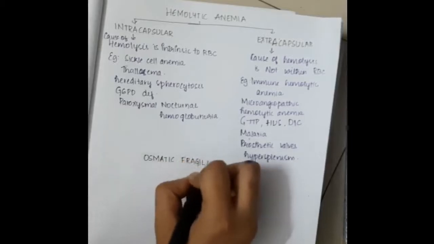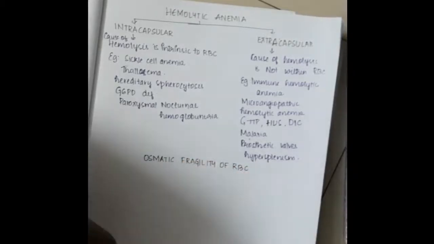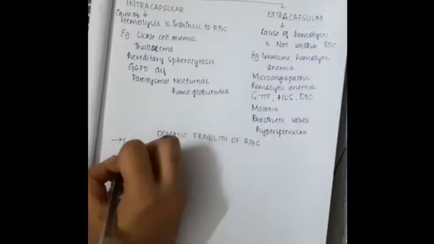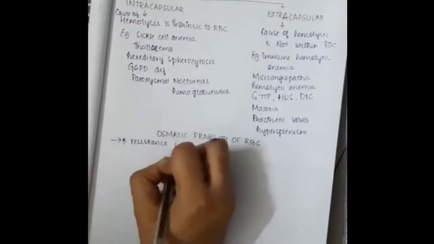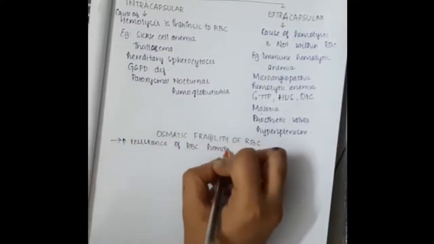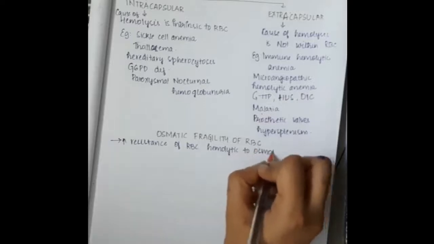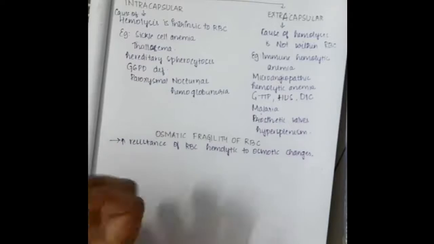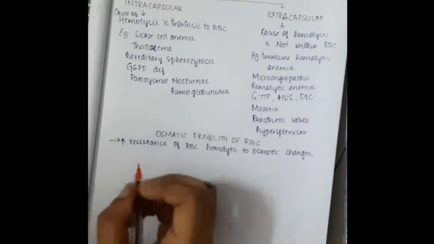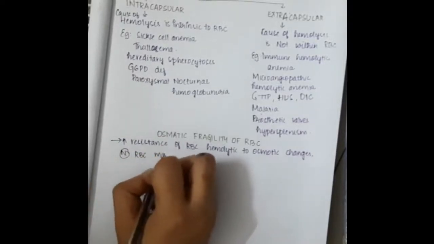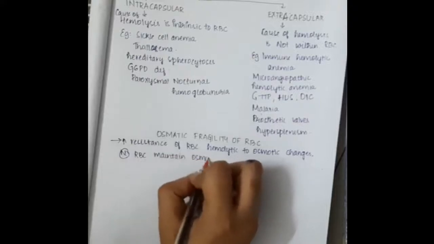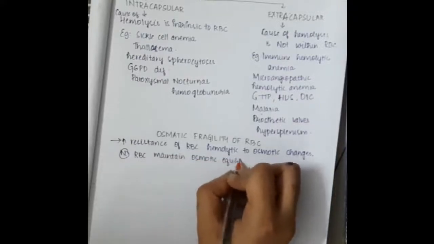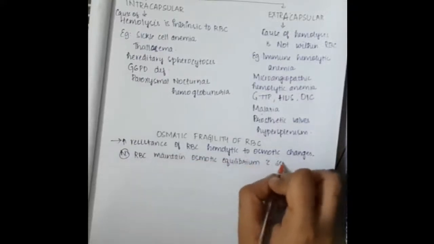Let us now learn some important points about osmotic fragility of RBC. Normally, RBCs maintain osmotic equilibrium with serum.